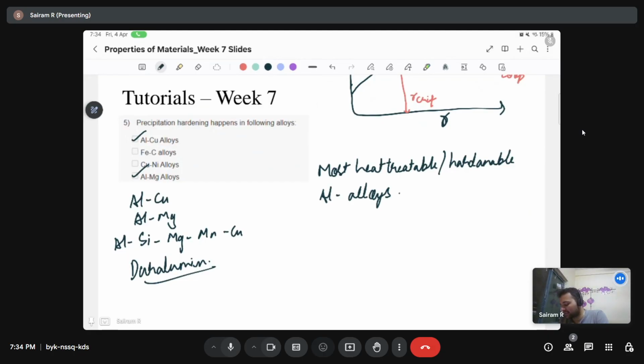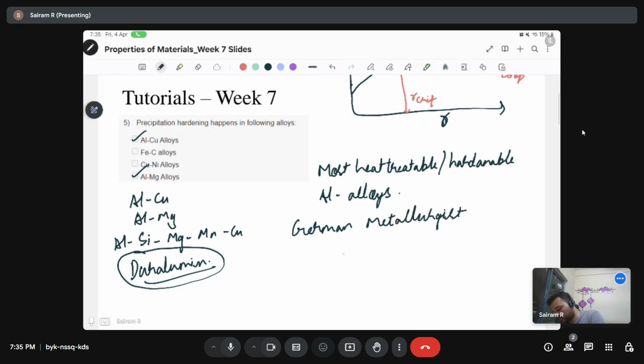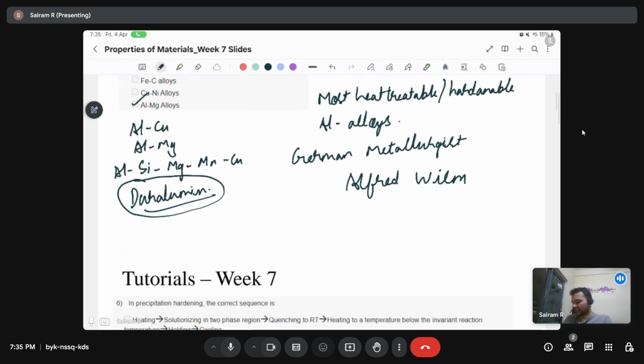We will definitely discuss it, and it revolves around this particular composition of duralumin and a German metallurgist called Alfred Wilm. We will talk about Alfred Wilm's story when we get into the class revision.